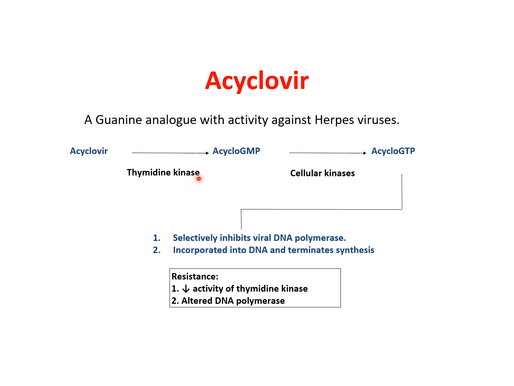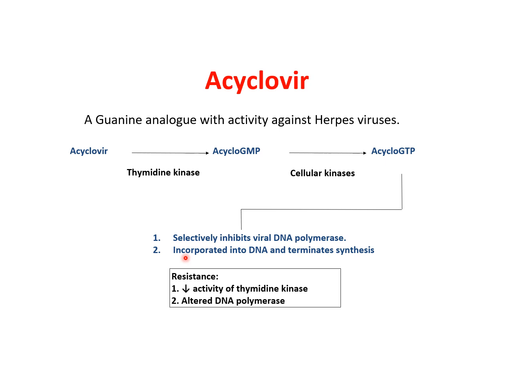The first happens by a viral kinase called thymidine kinase. The next 2 phosphorylation steps occur by cellular kinases. After its activation, it can selectively inhibit viral DNA polymerase. This is mechanism number 1. The second mechanism: it can get incorporated in the DNA and terminate the DNA synthesis.